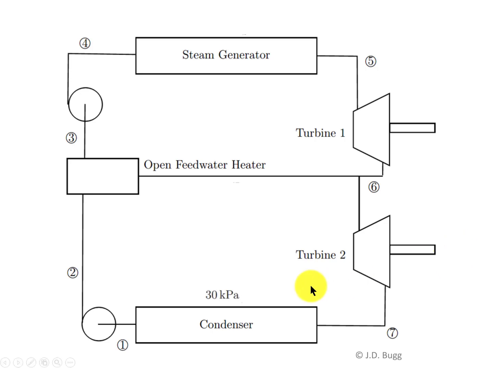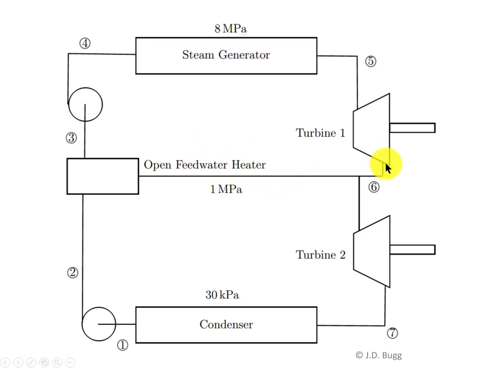So first of all, we know the condenser is operating at 30 kilopascals. We know the steam generator is operating at 8 megapascals, and so those are the 2 pressures that this Rankine cycle is operating between, the lowest pressure in the condenser and the highest pressure up in the steam generator. But there is an intermediate pressure here of 1 megapascal that the open feedwater heater is operating at.